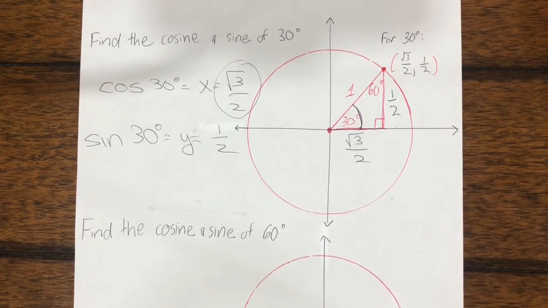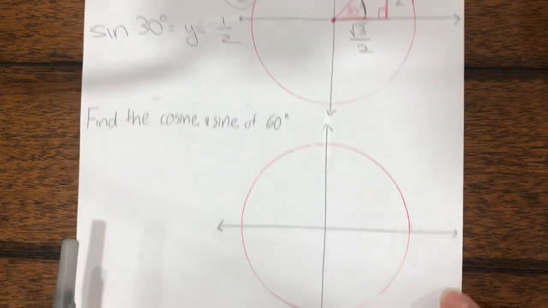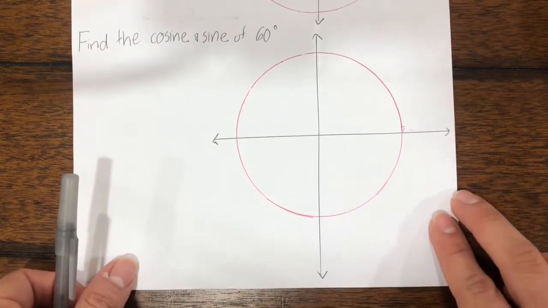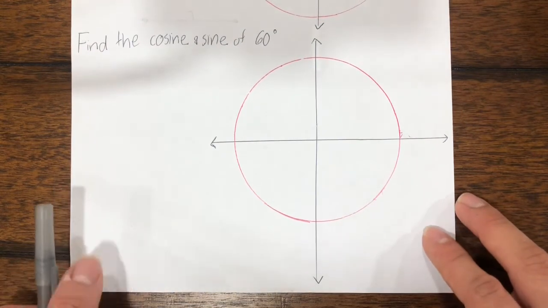All right? So now we're going to find the cosine and sine of 60 degrees. Since we're still working with the 30, 60, 90 degree triangle, let's go ahead and try 60. So we're going to find cosine and sine of a 60 degree angle measurement.